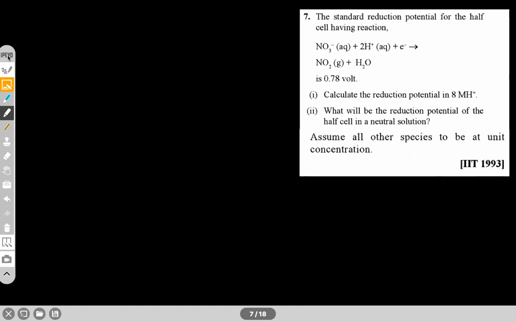The standard reduction potential for the half cell is given. Okay, so H plus is present in the solution, right?